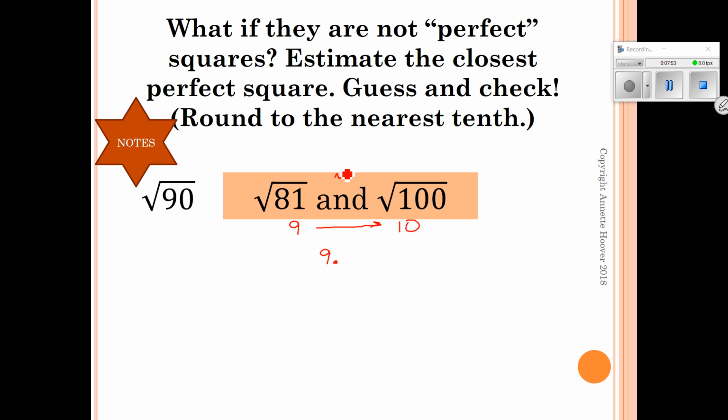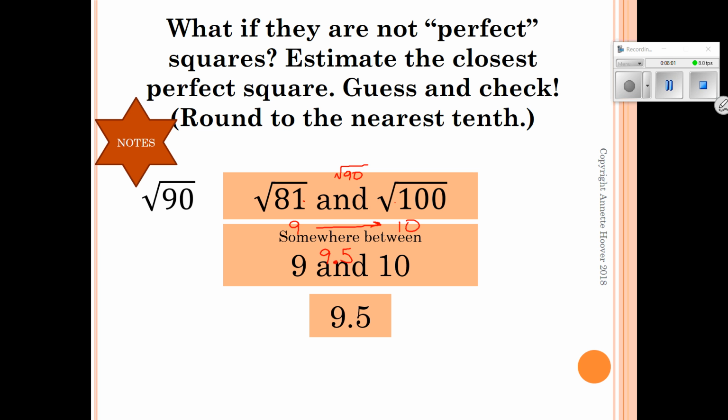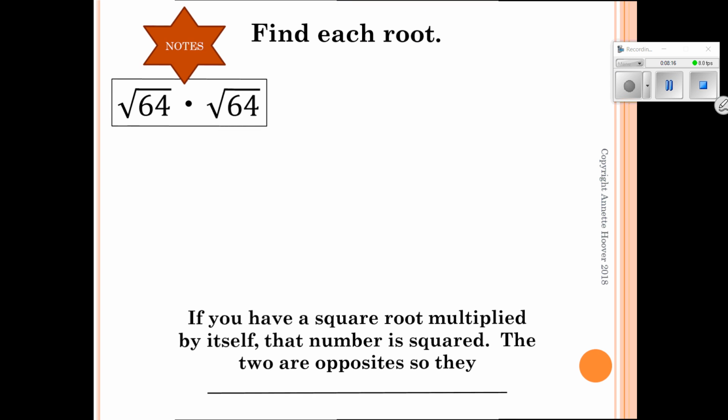Well, 90 is about halfway between 81 and 100. So I'm going to guess it's probably about 9 5/10, and when you do it with your calculator, you will find that that is correct. This is something you need to work on mentally. You may not get the exact decimal when you're estimating and guessing, but see if you can get close, and then you can check with your calculator.